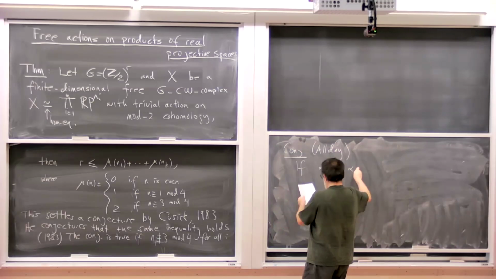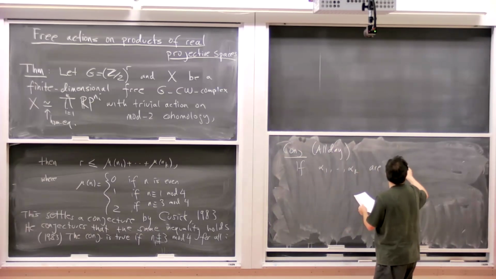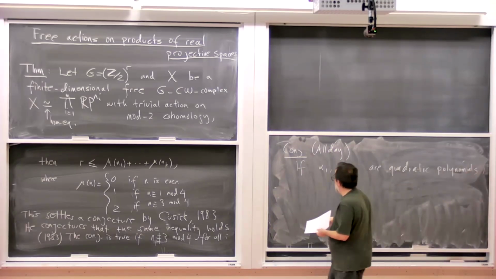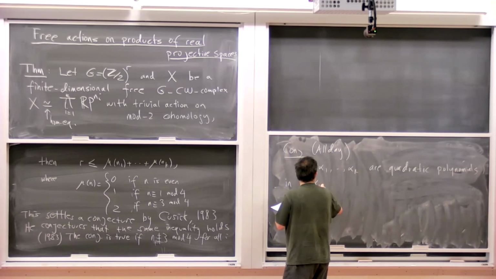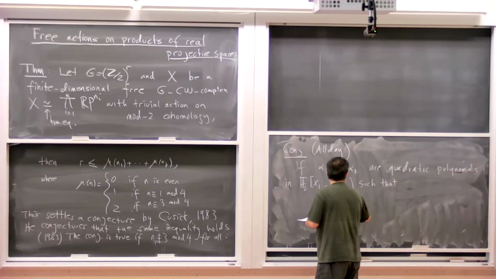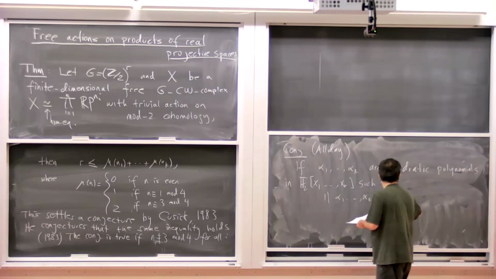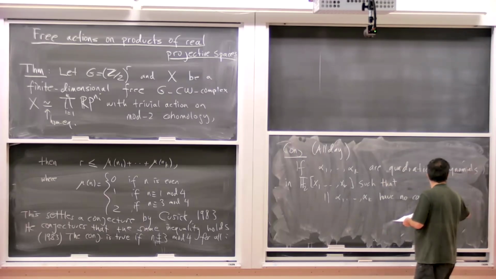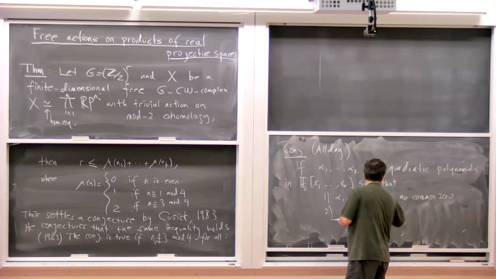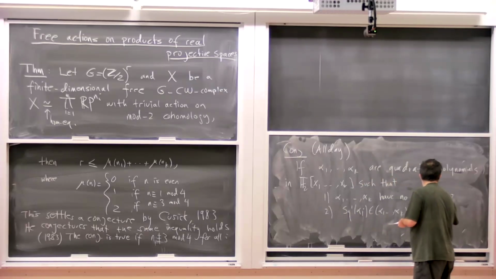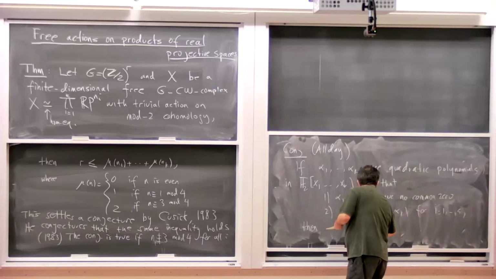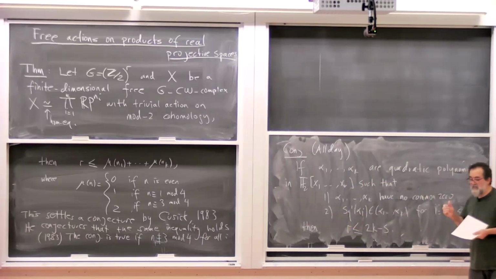If you have quadratic polynomials in F2 such that they have no common zero, and second, that SQ1 of some of these elements is in the ideal, then we want to say that partialness gives you a slightly improved bound.